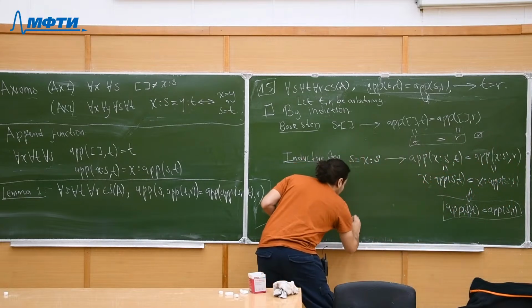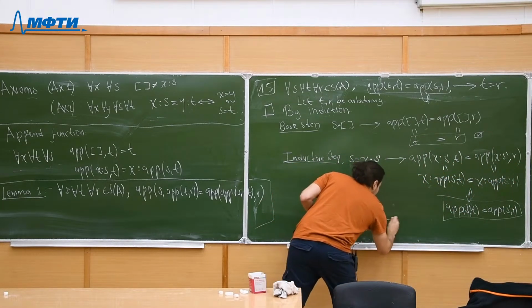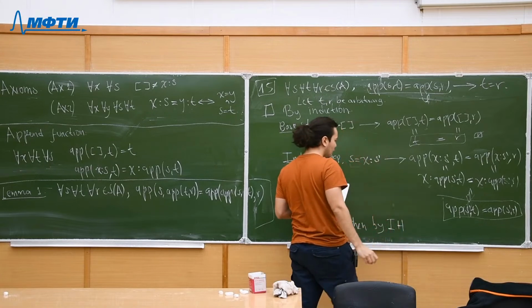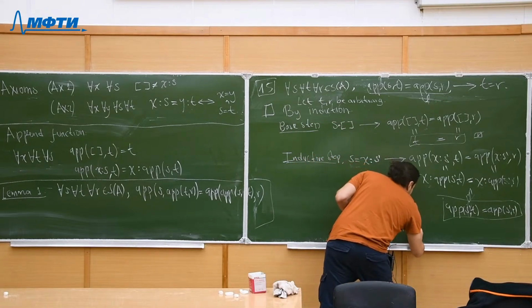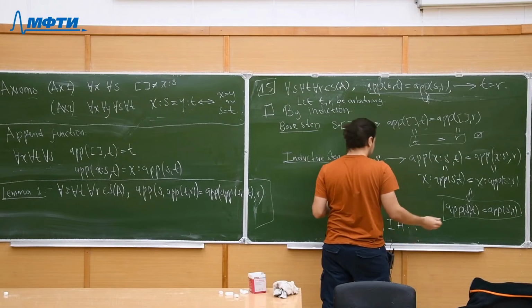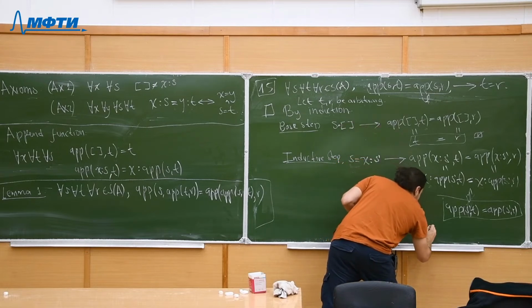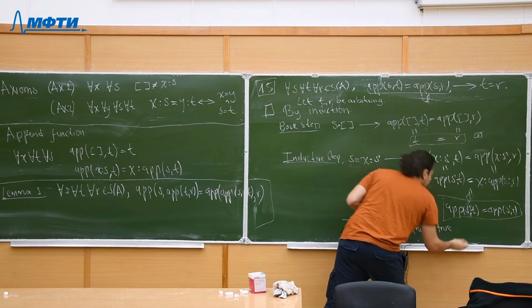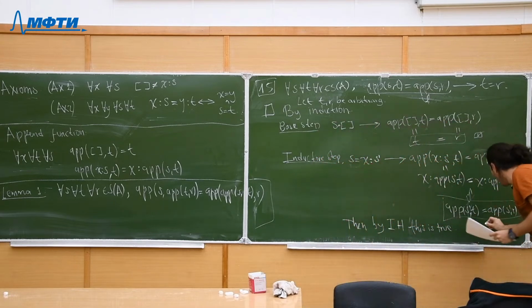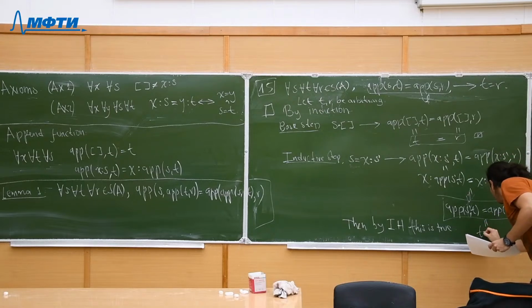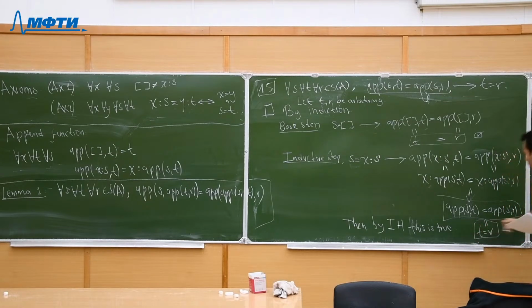Then by the induction hypothesis, this is true. What does it mean that this is true? That t is equal to R. Then this holds. So we obtain that for the base step this holds, and for the inductive step this holds. Then we've proved everything.